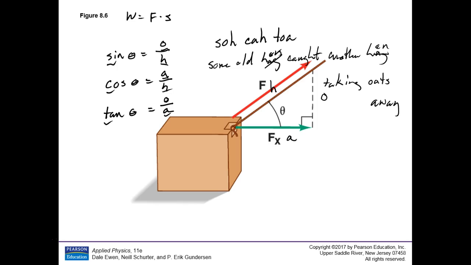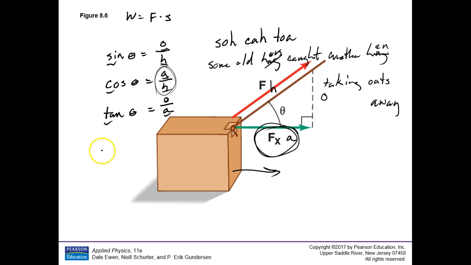Okay? So what does that have to do with anything? Well, the box is moving in this direction, so it's only the adjacent side, or the x component of that force, which is your hypotenuse, that is contributing to work. So find the trig function that relates adjacent and hypotenuse. There it is, cosine.